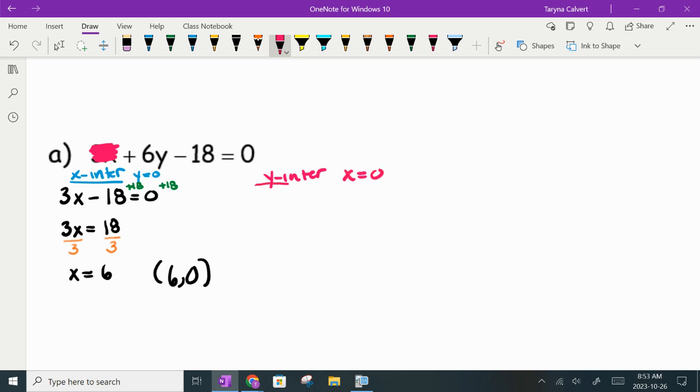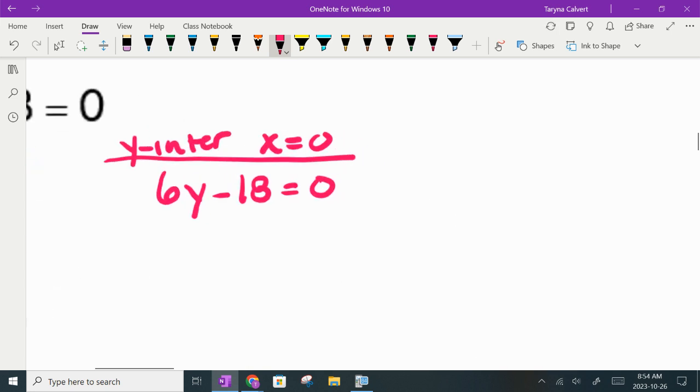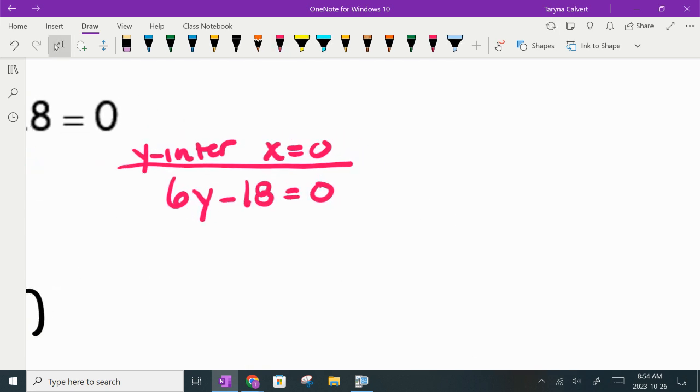Right, so for the y-intercept, all I have left when the x term disappears is 6y minus 18 equals 0. So now I have a two-step equation. So get rid of that 18.